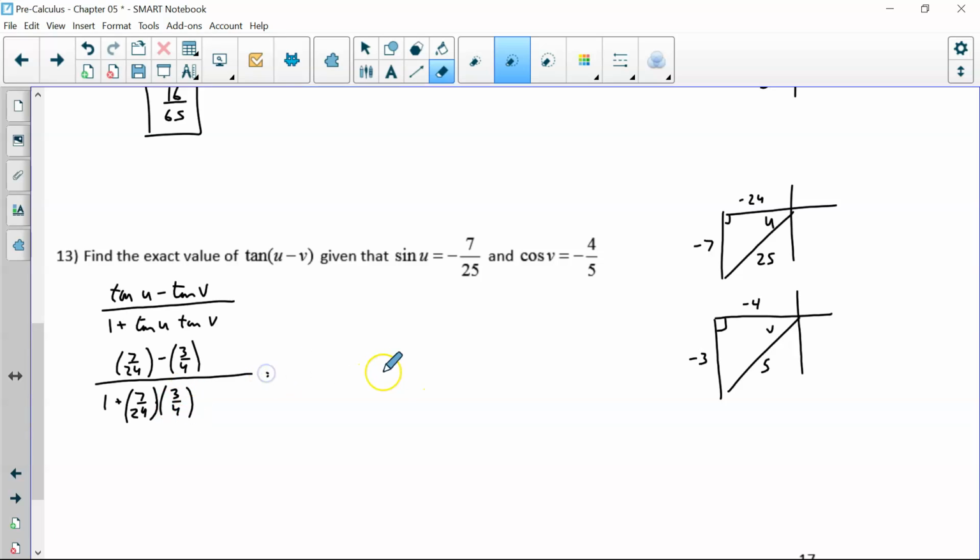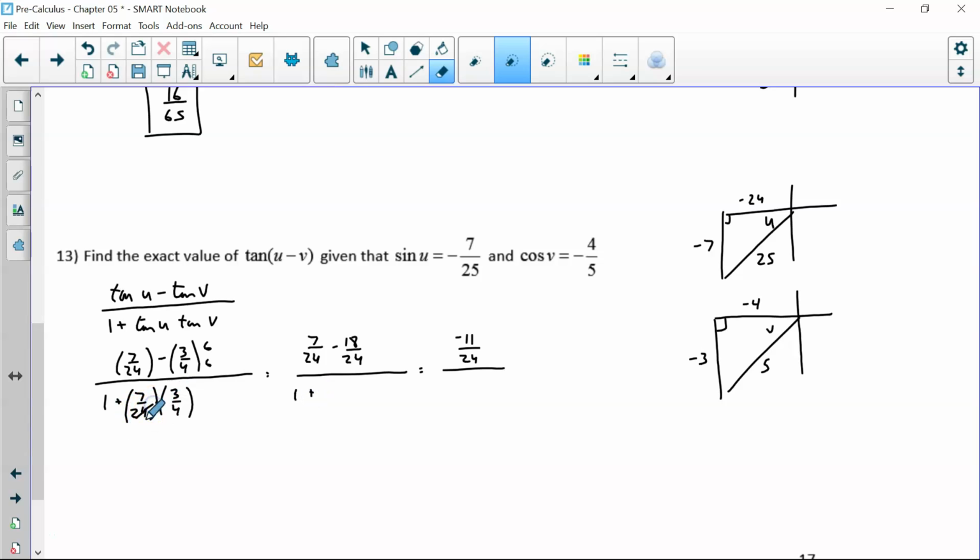So now this is just a complex fraction. We need a common denominator. Multiply the second fraction by 6 over 6. So 7 over 24 minus 18 over 24, which gives us 7 minus 18 is negative 11 over 24. Now in the denominator, it's 1, and we can simplify before we multiply.